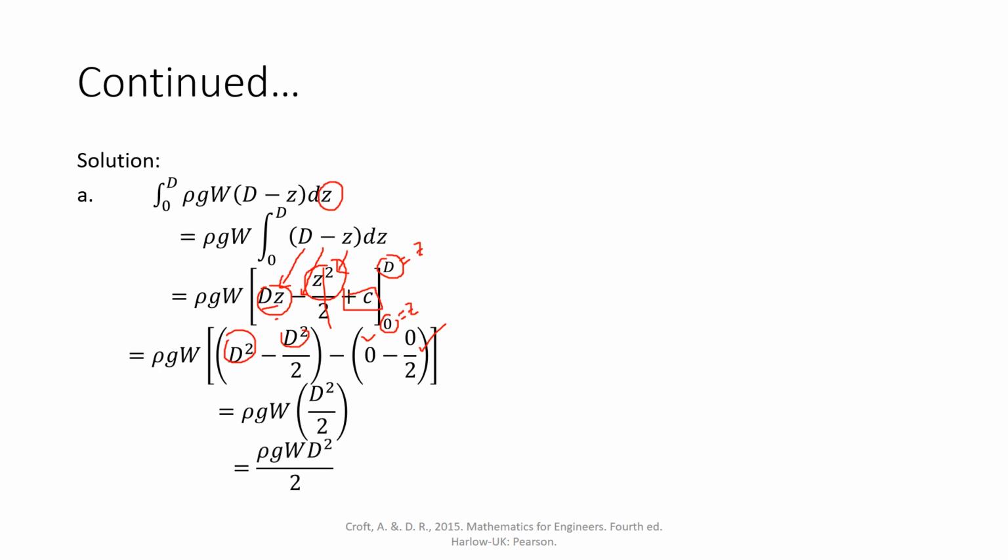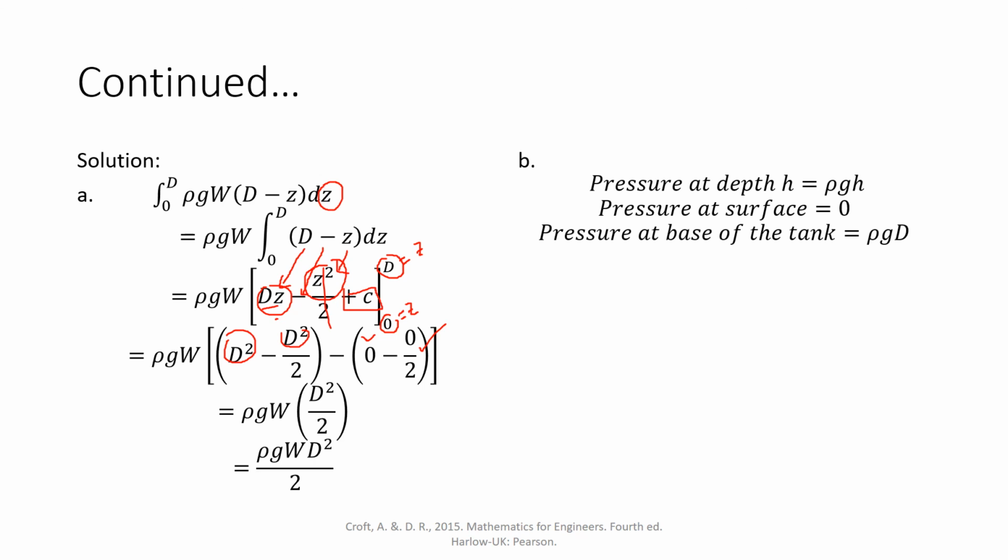Okay, so this is a number. Rho is a number, g is a number, width of the tank is a number, total height of the tank is a number. Okay, I'm not going into that detail. Pressure at height h is rho gh. Mr. Pascal gave this expression. Pressure at 0, when there is no water, so there will be no pressure, of course.